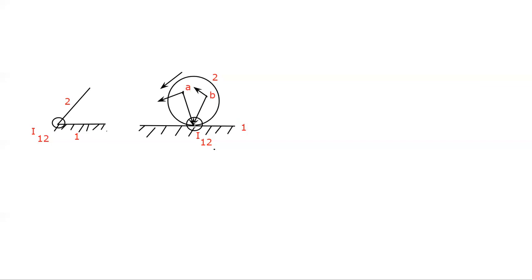That means if the disk is rolling on one link with respect to the other link without slipping, its instantaneous center will be located at the point of contact.